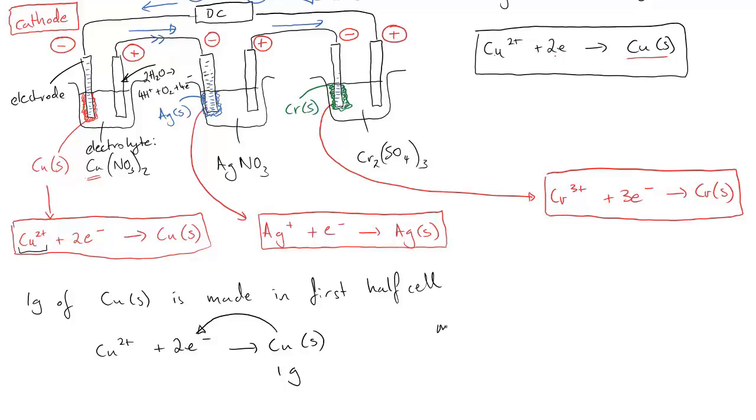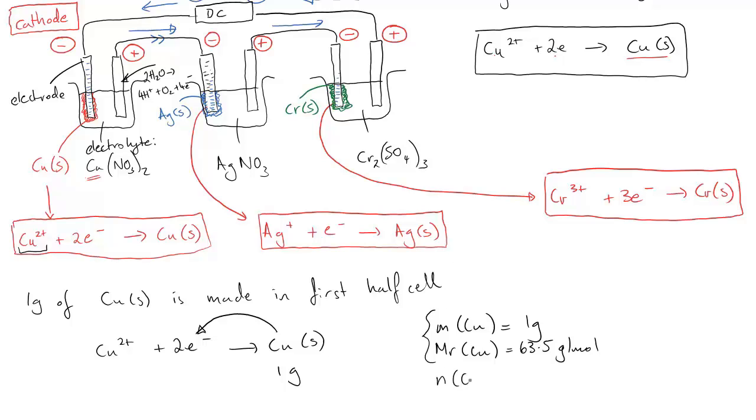So we've got the mass of copper, which is 1 gram. We also know the molar mass of copper, which is 63.5 grams per mole.